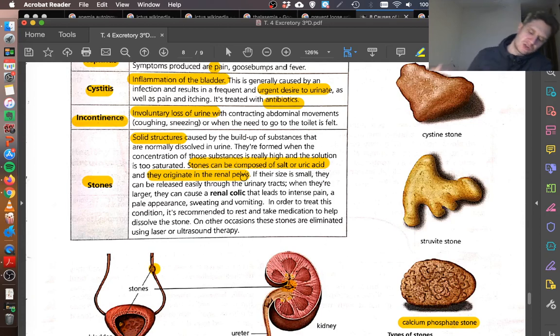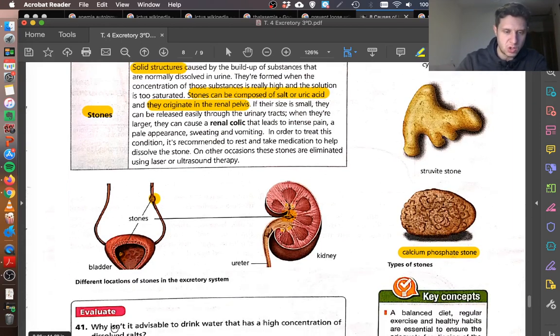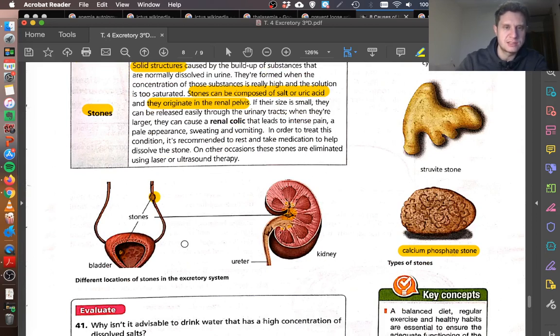Because of the substance filtrated, they can be formed in the pelvis and then can travel around all the urinary tract. And they can cause a renal colic, a pain that is very intense.